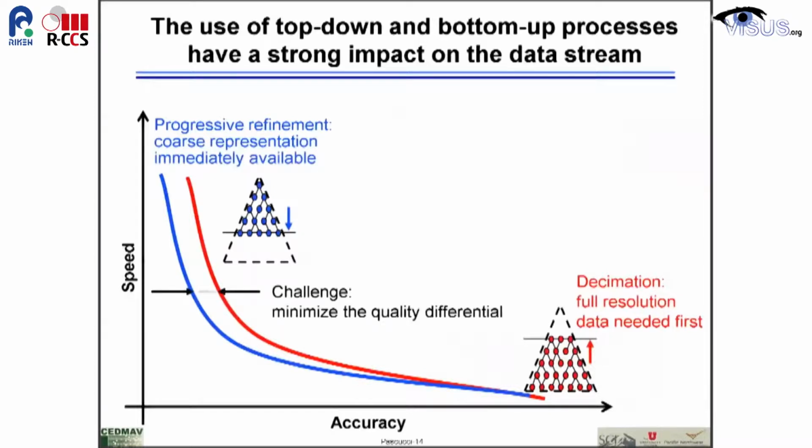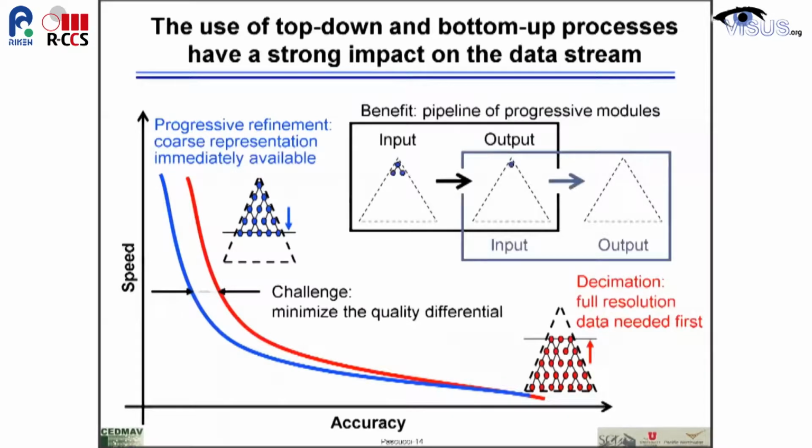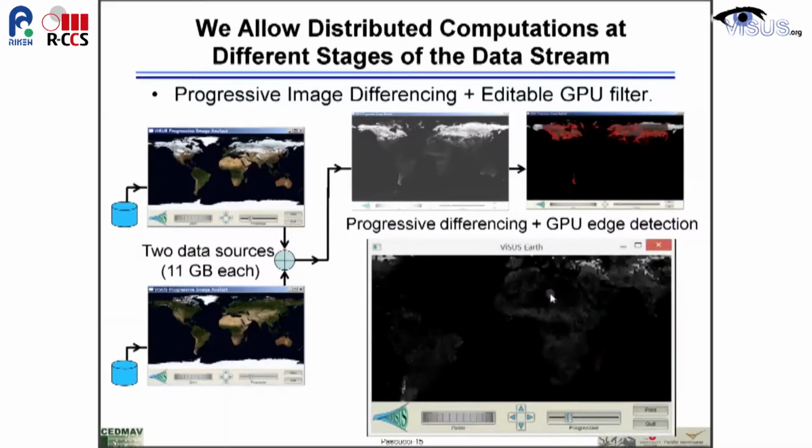And the challenge was to show that the gap between the two is small enough, and we actually demonstrated this in practice. And the advantage is that you can do very deep pipelines of computing things in streaming mode without loading the data altogether. So those are a few examples.